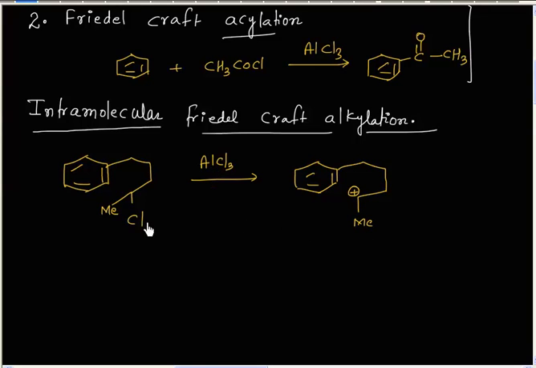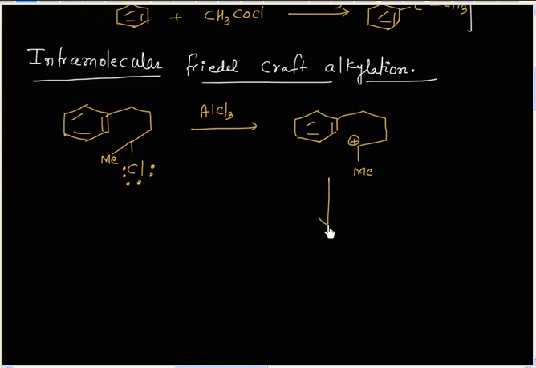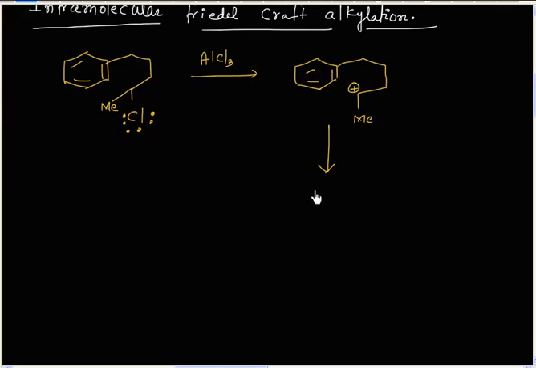So this will react with AlCl3 and we can remove the Cl group from here and generate an electrophile. In the next step we can have an electrophilic aromatic substitution reaction. So this is an example of intramolecular Friedel-Crafts alkylation reaction.